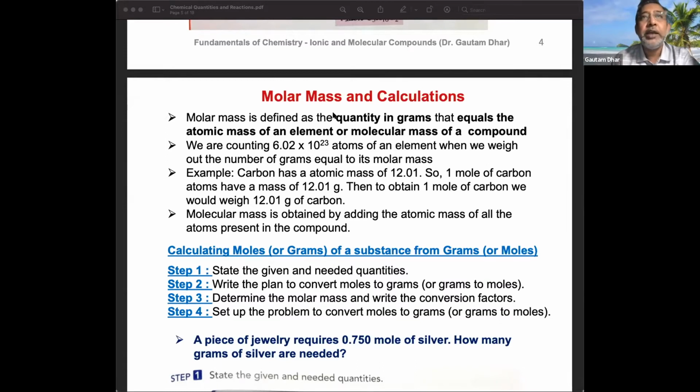So if you take 18 grams of water, that will be 1 mole of water, or the molar mass of water. So we are counting this many atoms of the element when we are weighing out the element in molar mass. If I take 23 grams of sodium, it will contain 1 mole, or 1 Avogadro's number, of atoms.